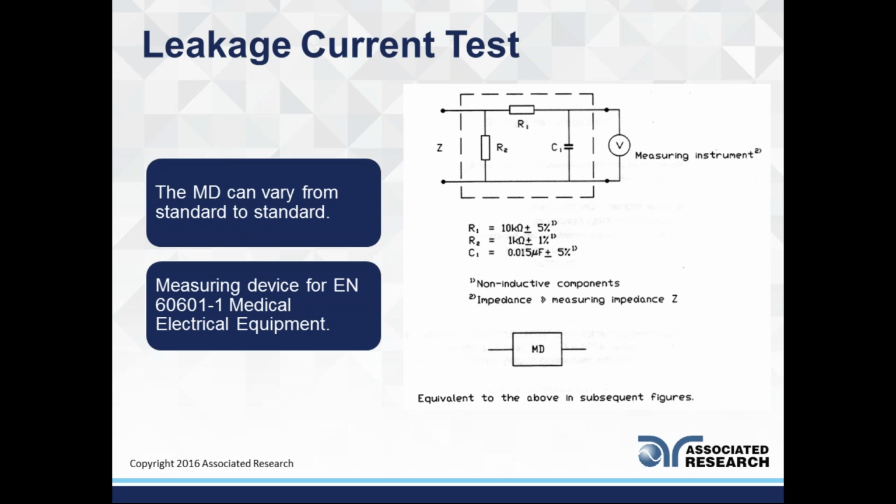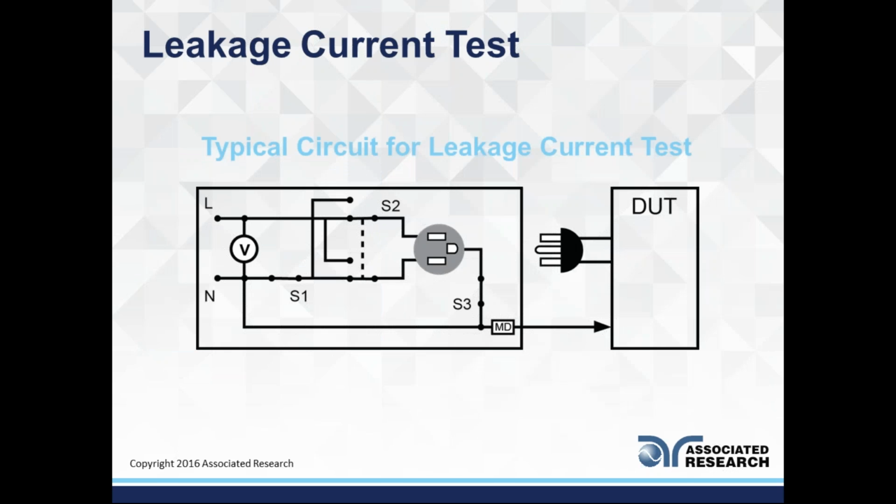And we also have an empty circuit board that if you're testing to a different standard, you can build your own. So just to go back, I want to make sure we've clarified the fault conditions: reverse polarity, open neutral, open ground. They should all be getting done, and they should all be getting done in all those 8 combinations.